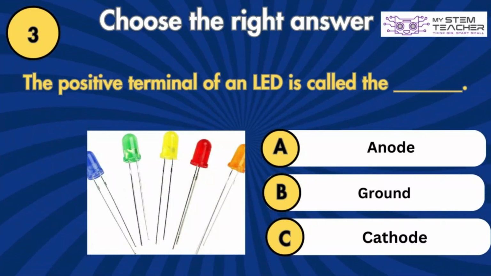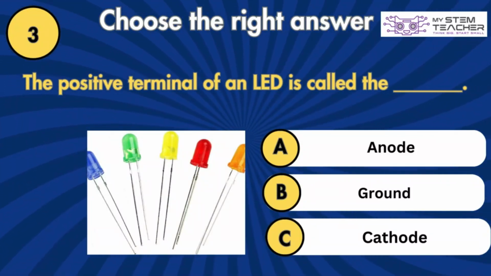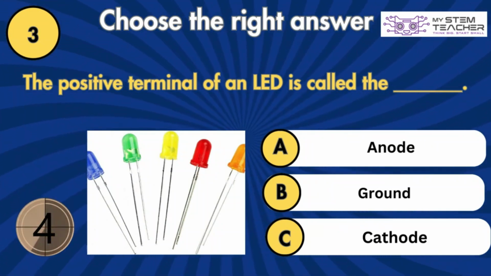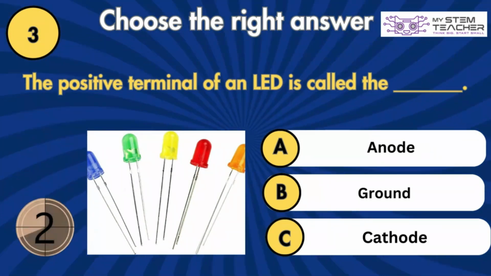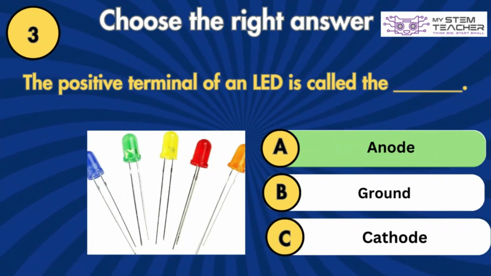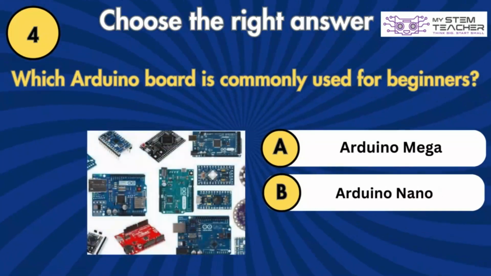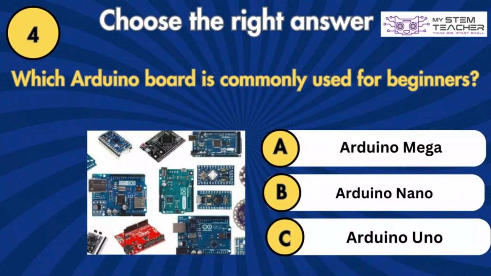The positive terminal of an LED is called the blank. Which Arduino board is commonly used for beginners?